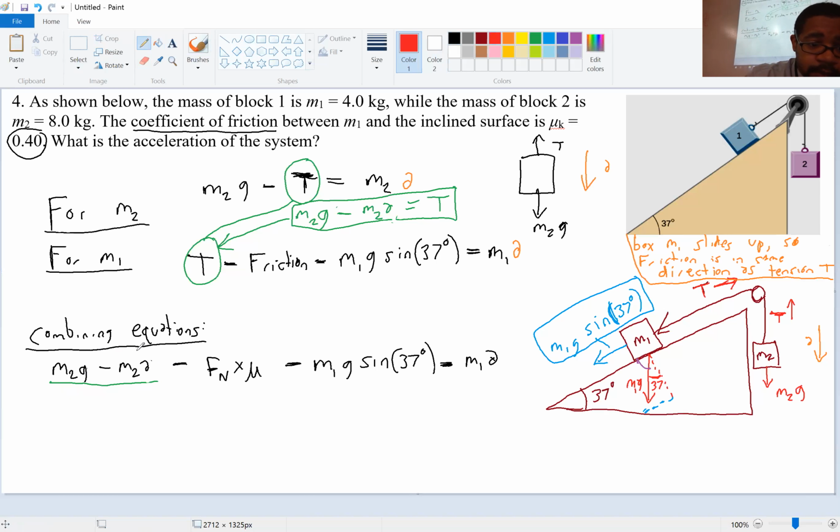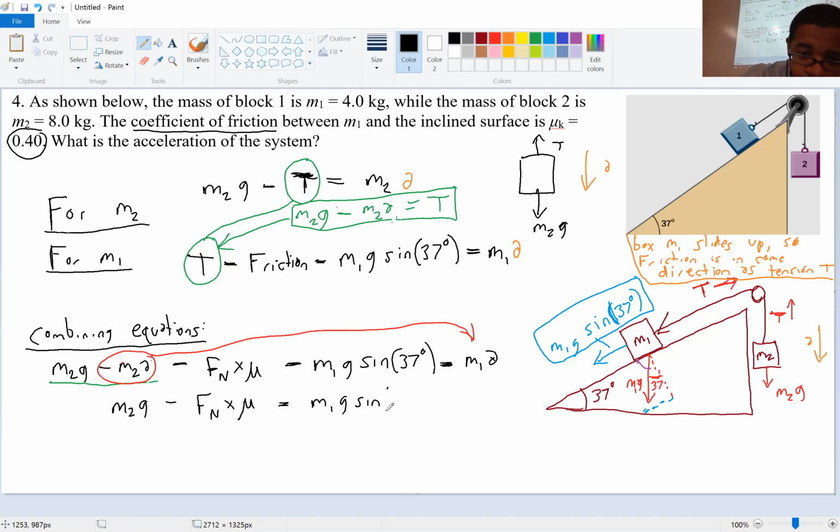So now let me take this over here, which is good because now I only need to change this sign when I bring it over and it ends up being positive, which is nice. So M2G minus M1G sine 37 degrees.